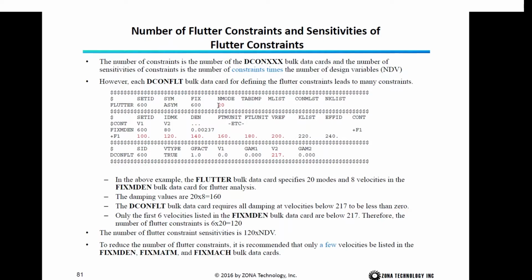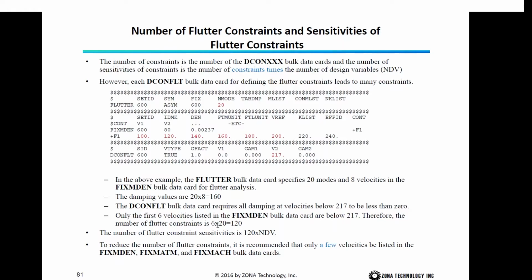So the total constraint is 1, 2, 3, 4, 5, 6 velocities times 20. The total damping value is 20 times 8, but the velocities below 217 number only 6.